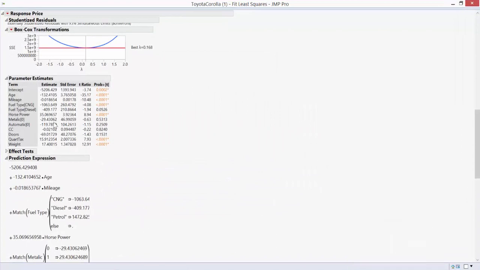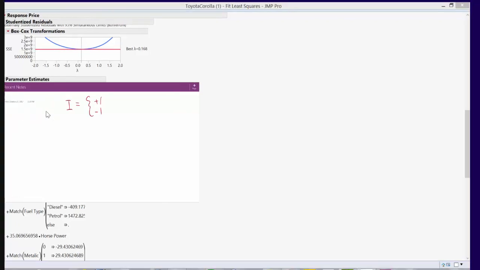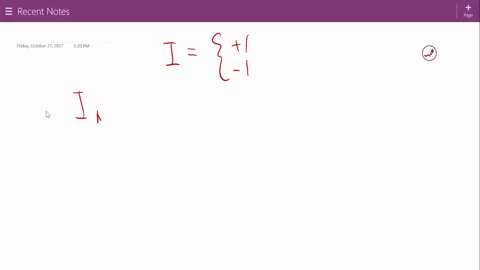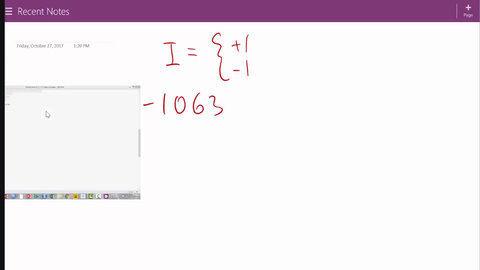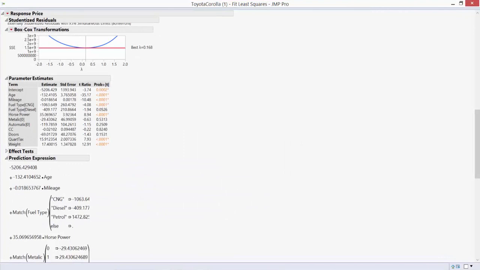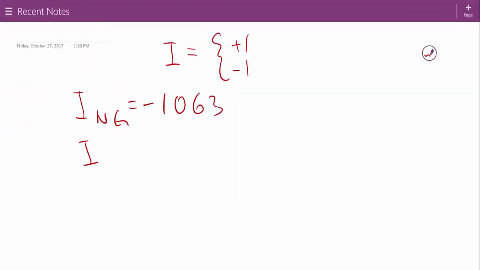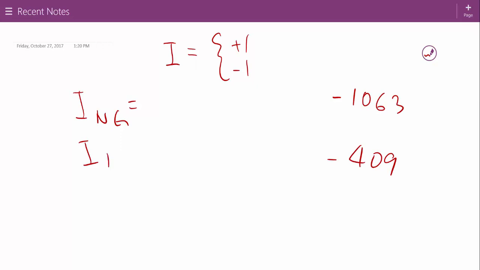Look at that. We have 2 dummy variables. Fuel type natural gas, -1063. Fuel type diesel, -409. Okay, each one of these variables can be +1 or -1.